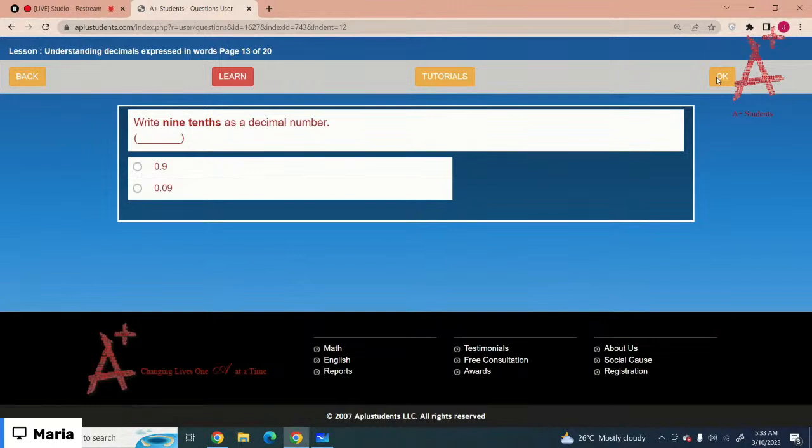9 tenths. So you just have to write the 9 right below the tenths digit. So it would be 0.9. Nine tenths is 0.9. Very good.